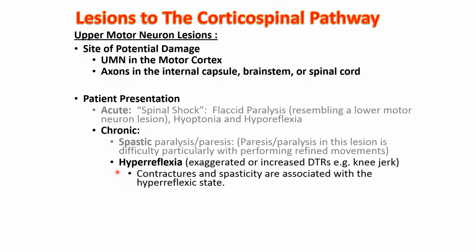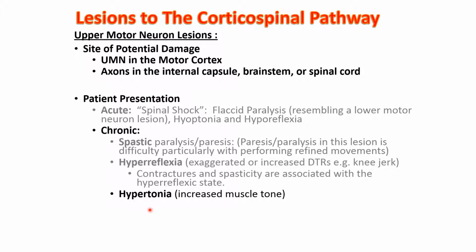There's hyperreflexia, exaggerated or increased deep tendon reflexes such as the knee jerk. There are contractures that may develop over time, and spasticity. Spasticity is associated with a marked increase in tone, and there's also this hyperreflexive state. This hypertonia is an increase in tone that develops over time.